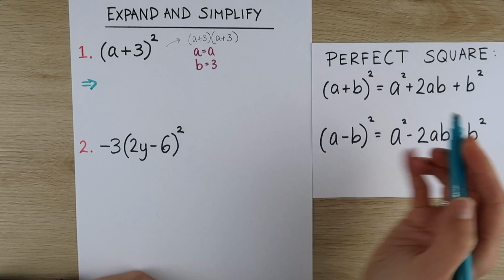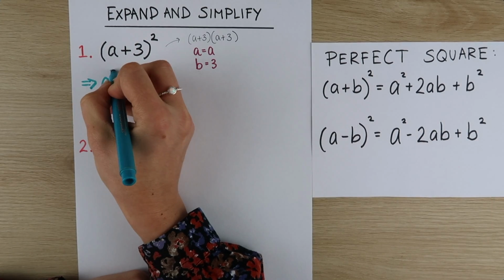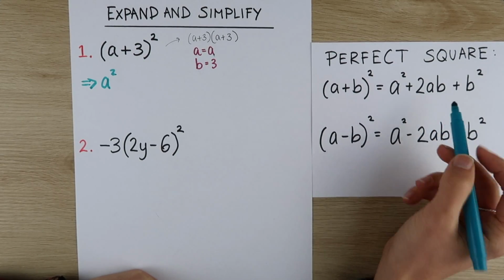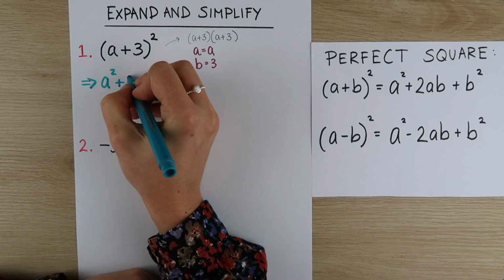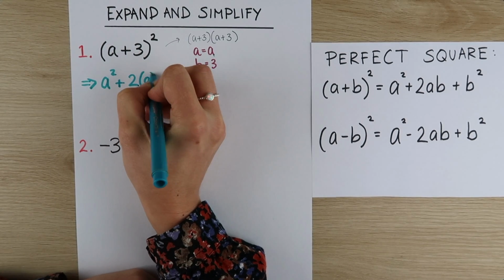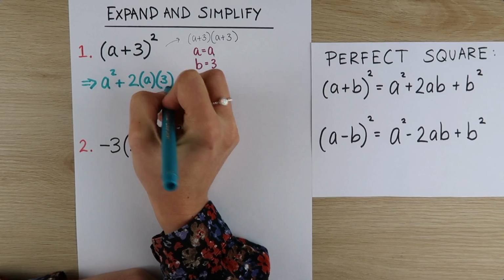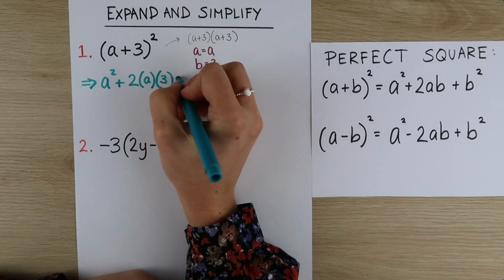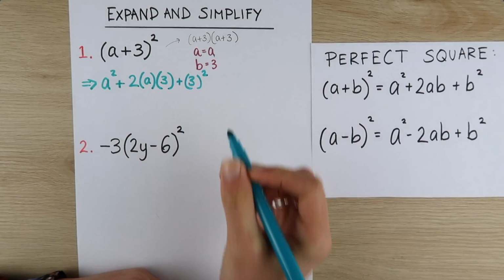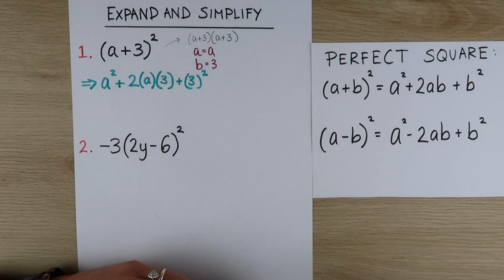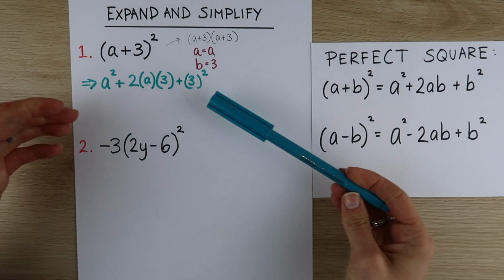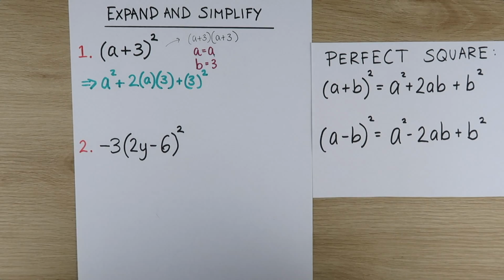I've got A squared plus 2 times A times B, and remember B is 3, plus B squared. Now notice all I've done at this stage is put it in brackets. I haven't simplified anything yet. I haven't jumped to any conclusions. I've just substituted them in and put them in brackets, which is a really good way to make sure you don't make any mistakes when you're doing this.